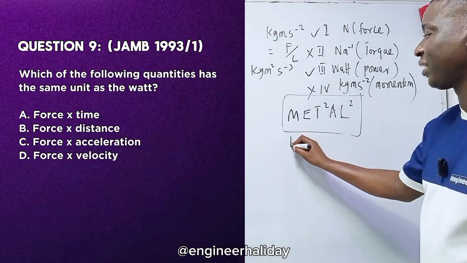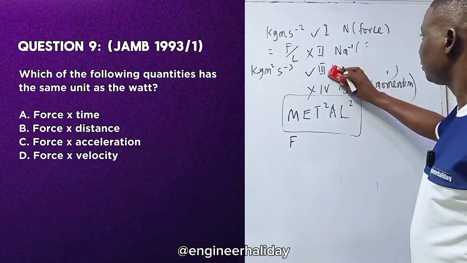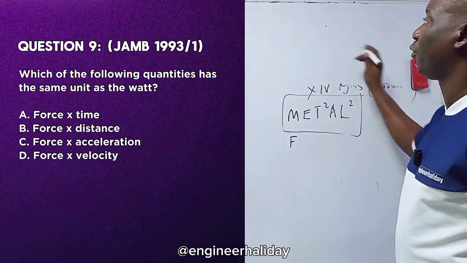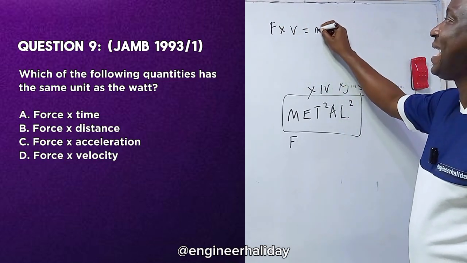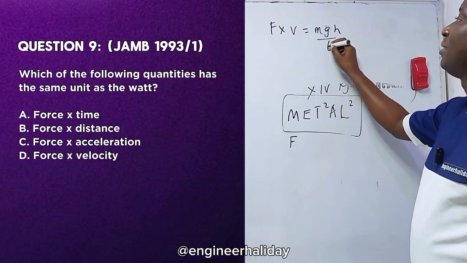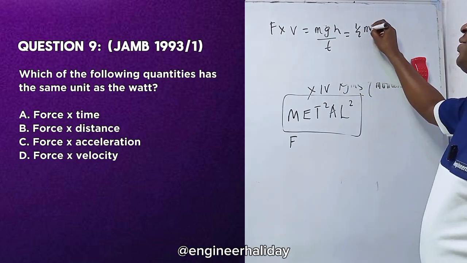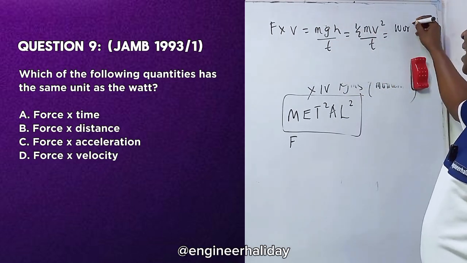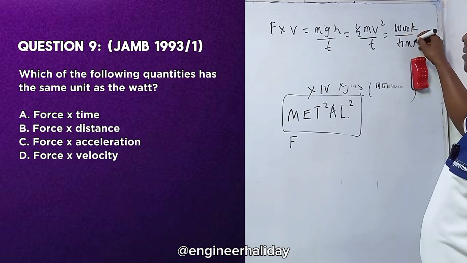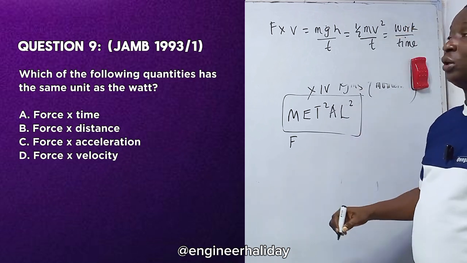It can be force times velocity. Don't forget, power can be force times velocity. Power can be mgh over time. Power can be half mv squared over time. Power can be work over time, which is the rate of doing work.